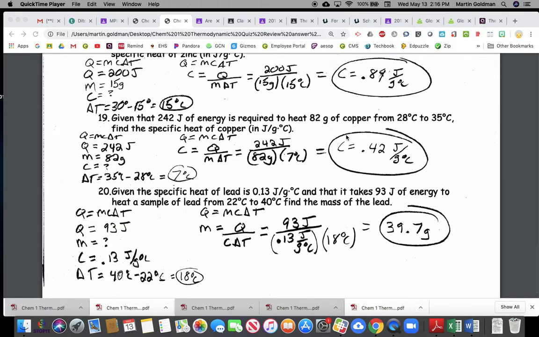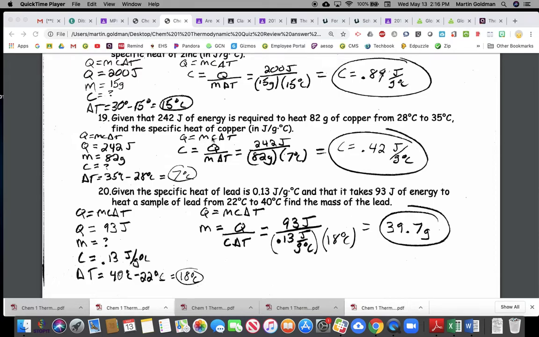Okay, next. We have another one. We have the joules, we have the grams, we have the delta T, and we want the specific heat again. So, equation, Q equals mc delta T. Q is 242 joules. Mass of the copper is 82 grams. c is what we're looking for. Delta T is 35 minus 28, which is 7 degrees C. So we want to solve for c.